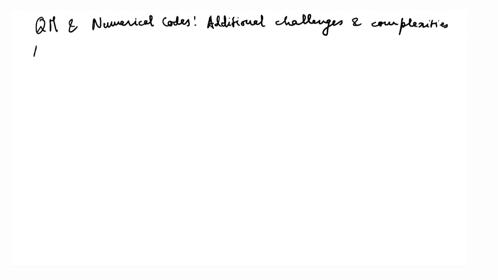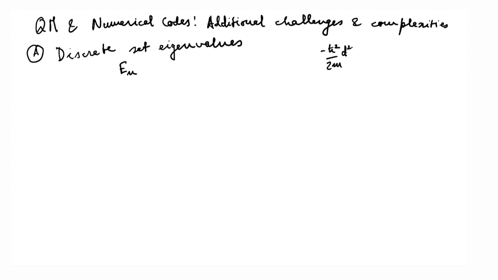The first complexity pertains to the fact that when we solve a quantum mechanical Schrodinger equation, what we end up with at the end of the day is a discrete set of eigenvalues, which I am calling E n. Note that in my Schrodinger equation, d2 psi dx2 plus V x psi equals E psi of x.